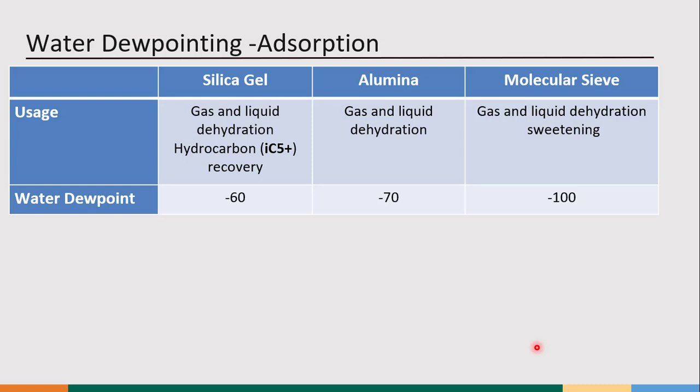So these are the different dew point values that you can get from the different types of absorption. But the further you go, the lower the dew point values, such as -100, it will be very expensive.